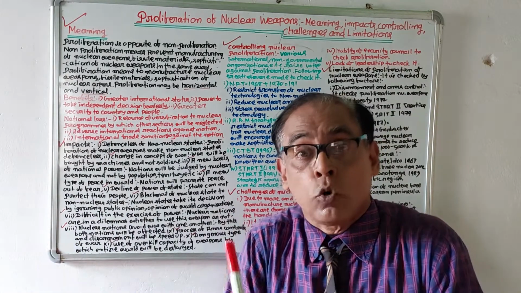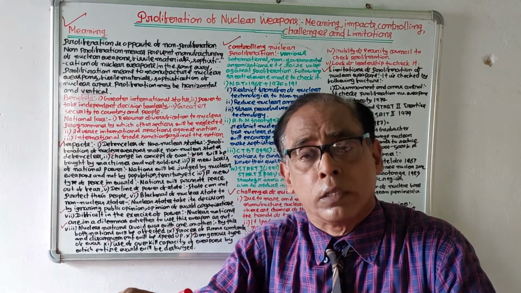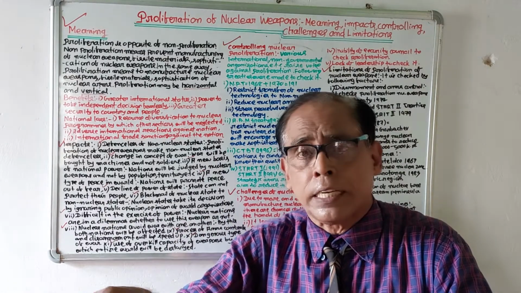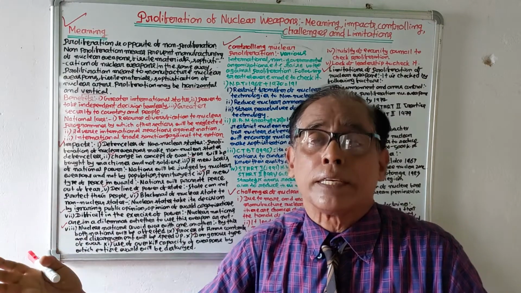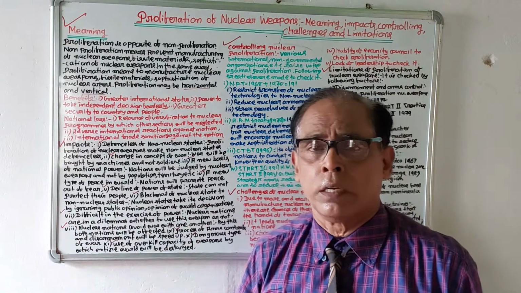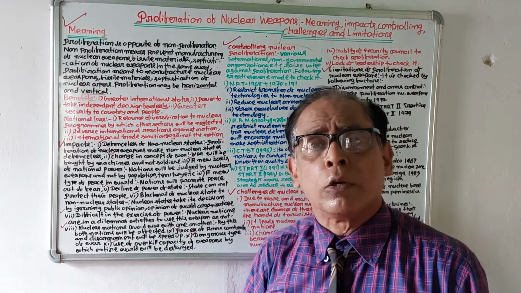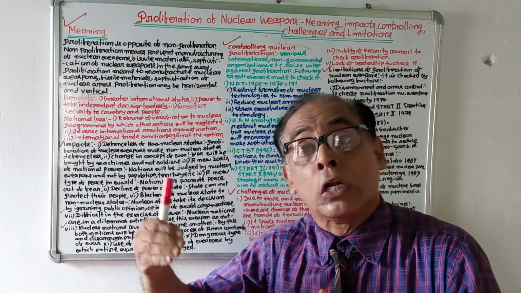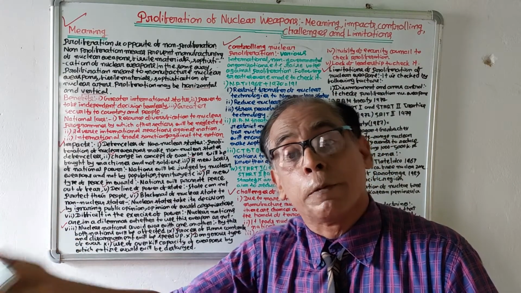Because if a nation drops a nuclear weapon against another nation, that nation cannot do anything. So the first impact of the proliferation of nuclear weapons is that it will make non-nuclear states defenseless.